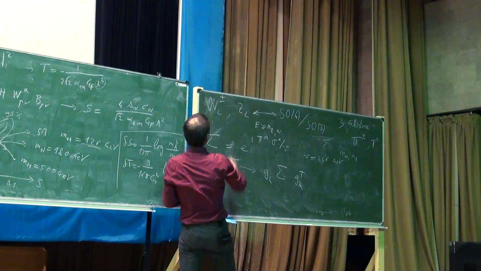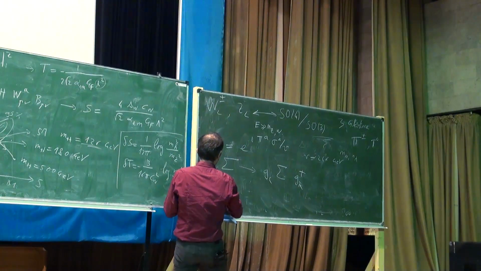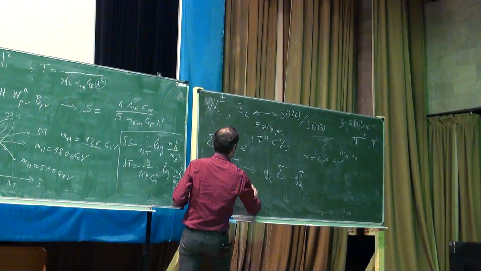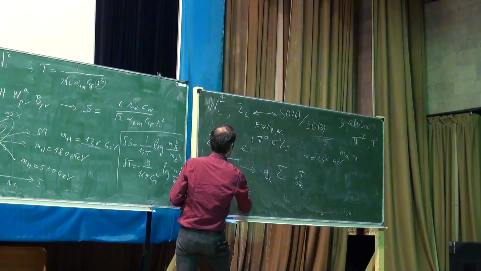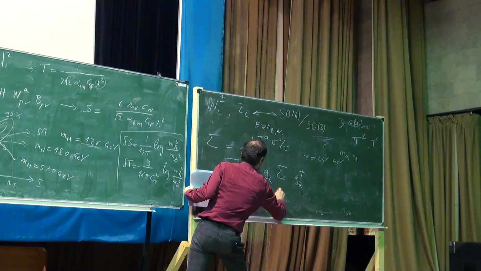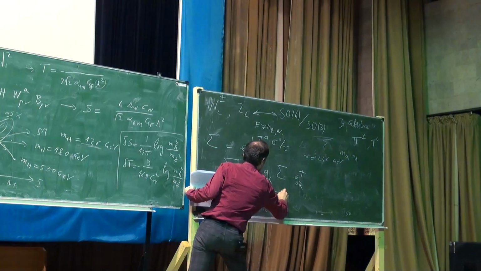And then the way to write simply the mass of the W and the Z, that's one half the mass of the Z squared.